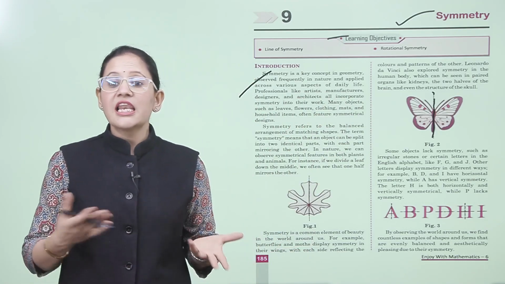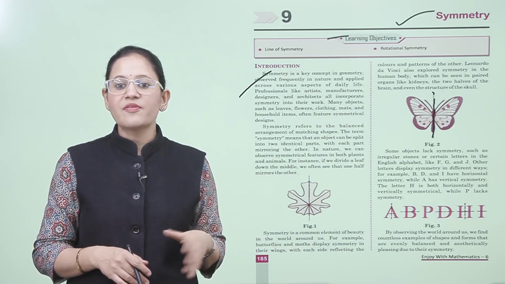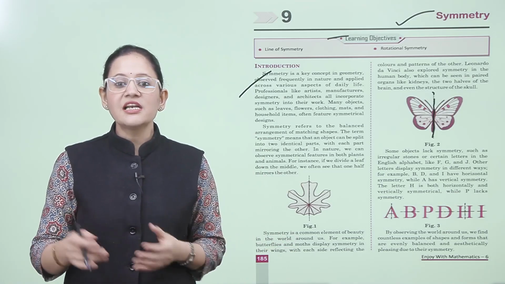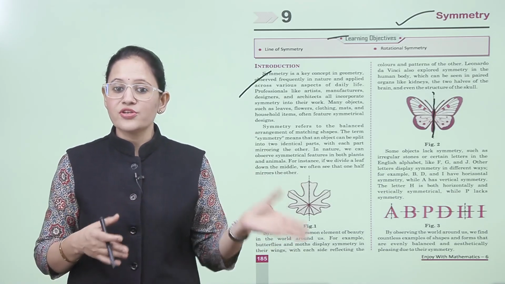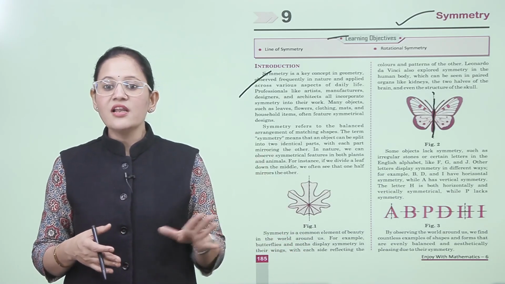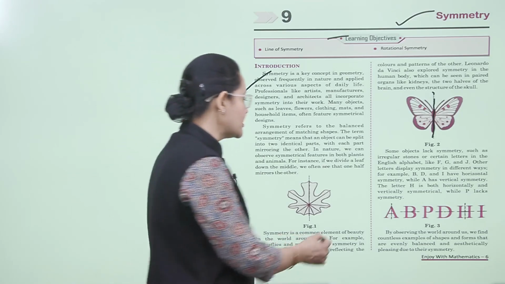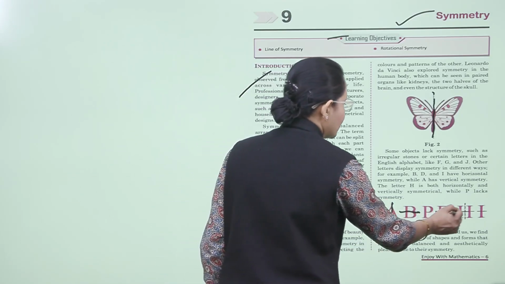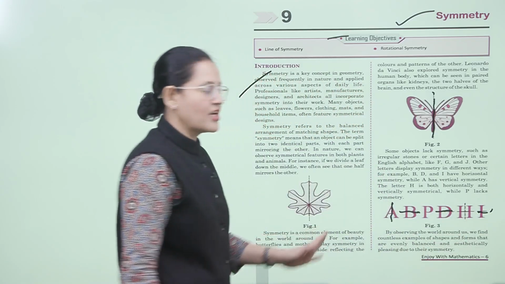Some objects lack symmetry, such as an irregular stone, or certain letters of the English alphabet like F, G and J. They have no symmetry. Other letters display symmetry in different ways. For example, B, D and E have a horizontal line of symmetry, while A has a vertical line of symmetry.